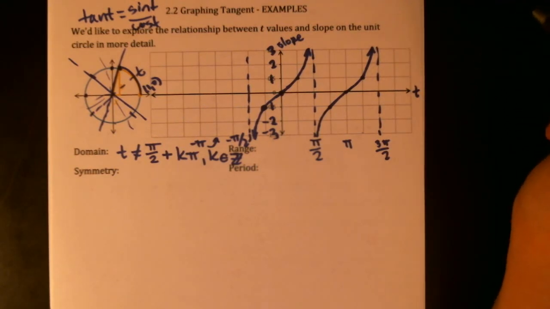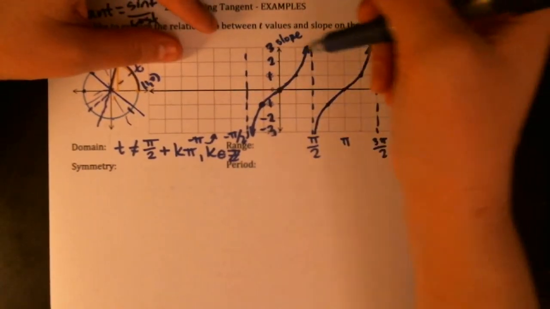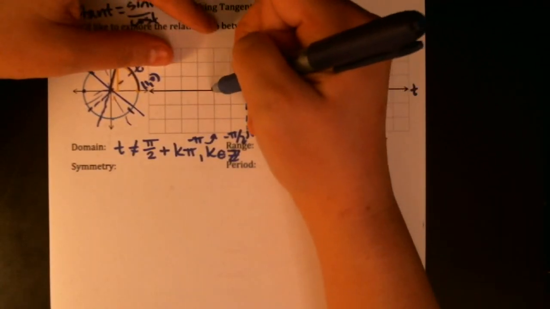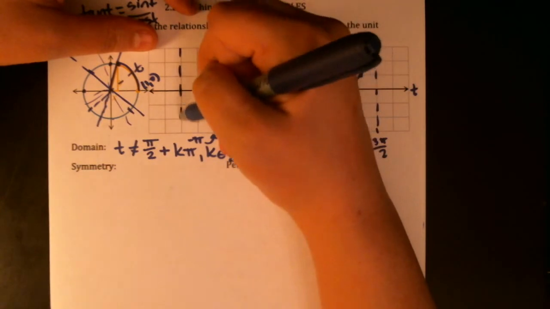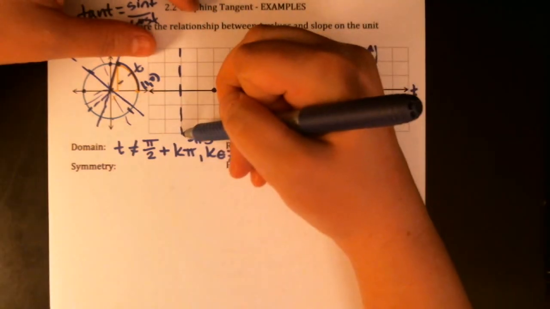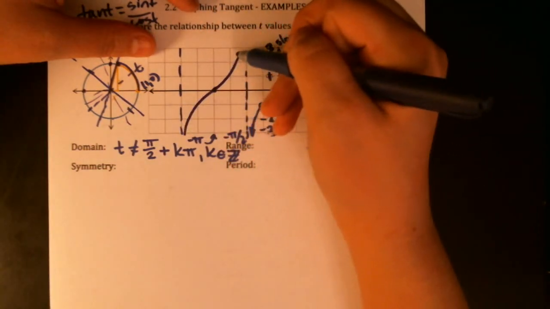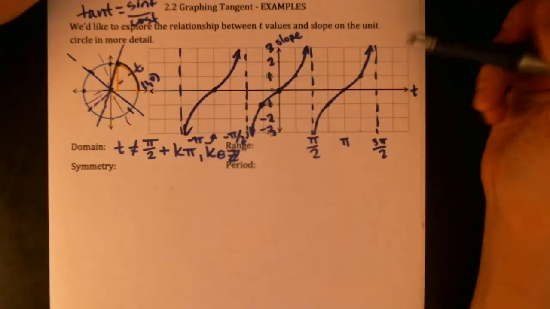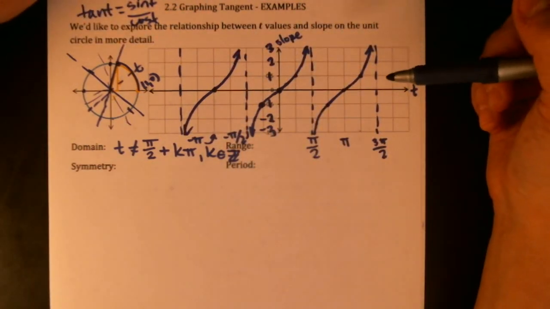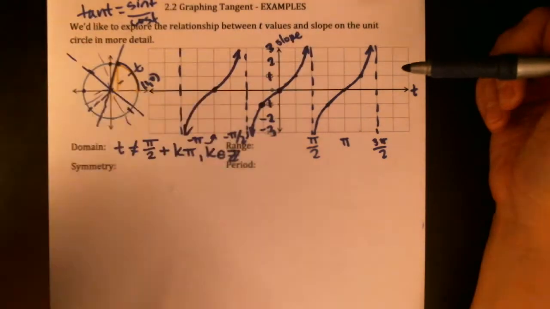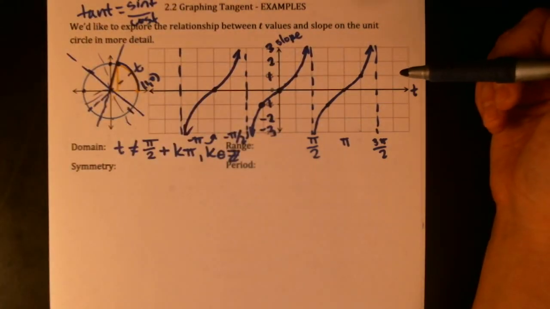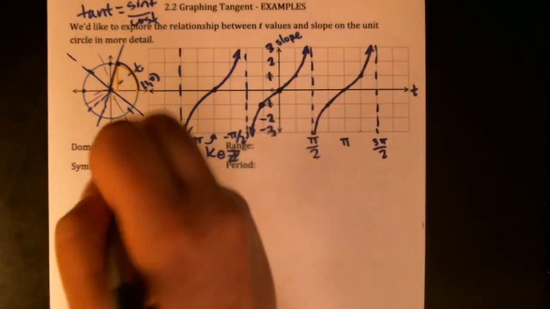Tangent does have some symmetry again. I haven't drawn all of these, but let's see if we go back. 1, 2, 3, 4. There's another branch. It goes like this, and so on. So tangent has that rotational symmetry. If we spin it 180 degrees, it looks exactly the same. Or you could say if you flip over y and x in whichever order, it looks exactly the same.